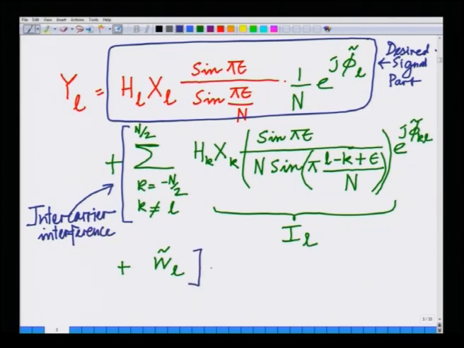And this, of course, is our Gaussian noise, our thermal noise. So, this has three parts: one is the desired signal, the other is the inter-carrier interference, and then again you have the Gaussian noise part.